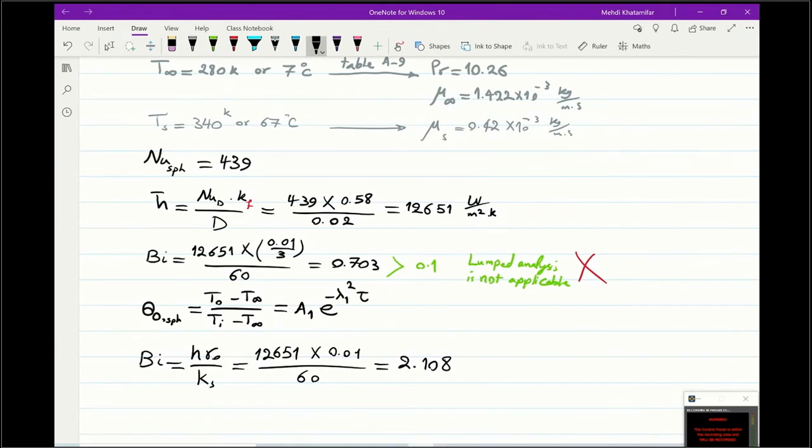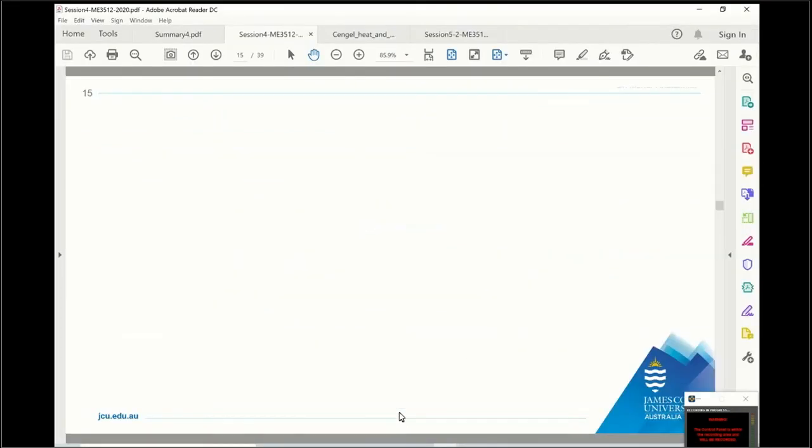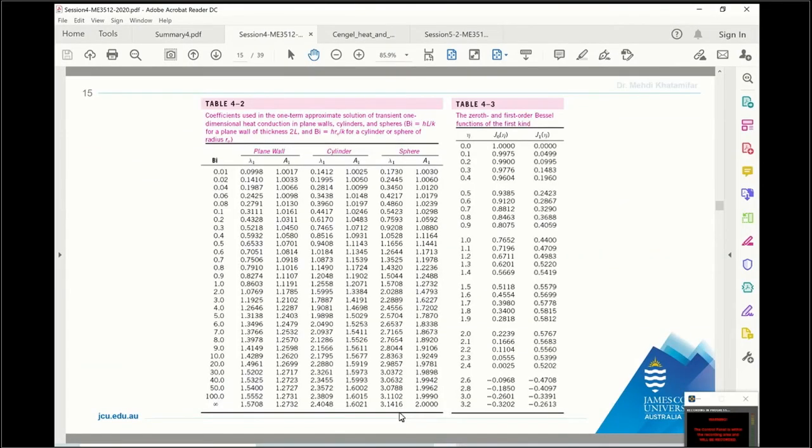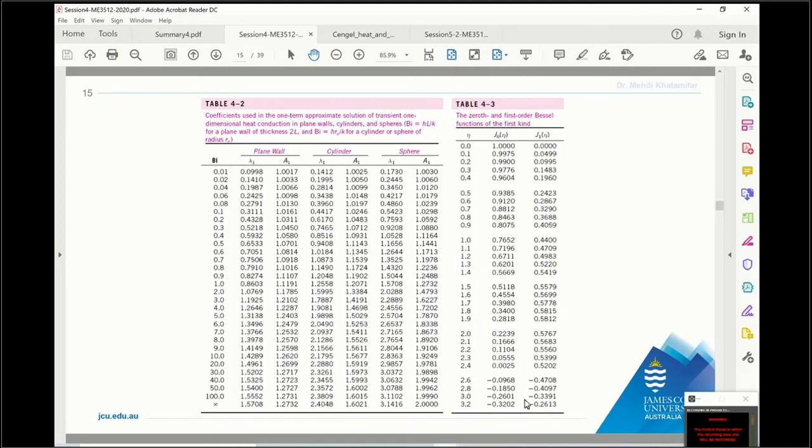Okay, now I have this Biot number. I need to find A1 and lambda 1. So let's go to our session 4 topic. This is the formula, and to find A1 and lambda 1 I need to use this table. The Biot number is 2.1.